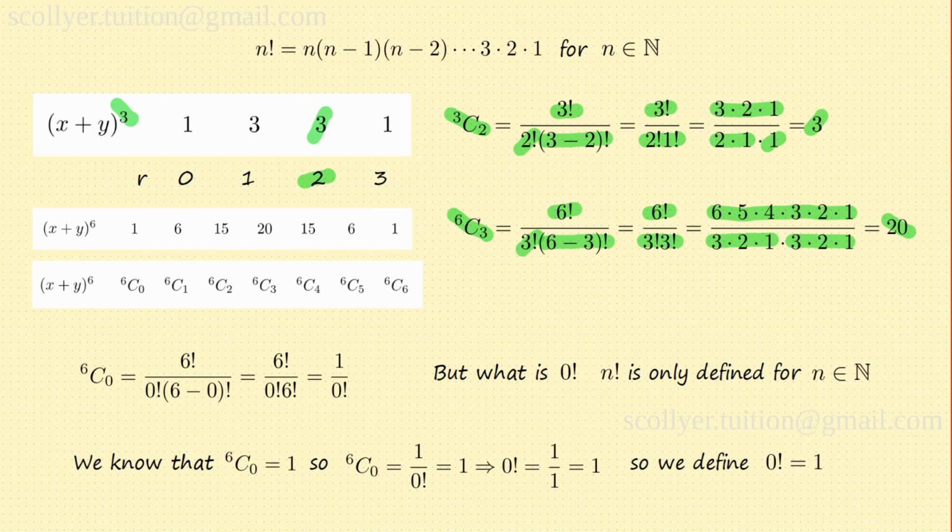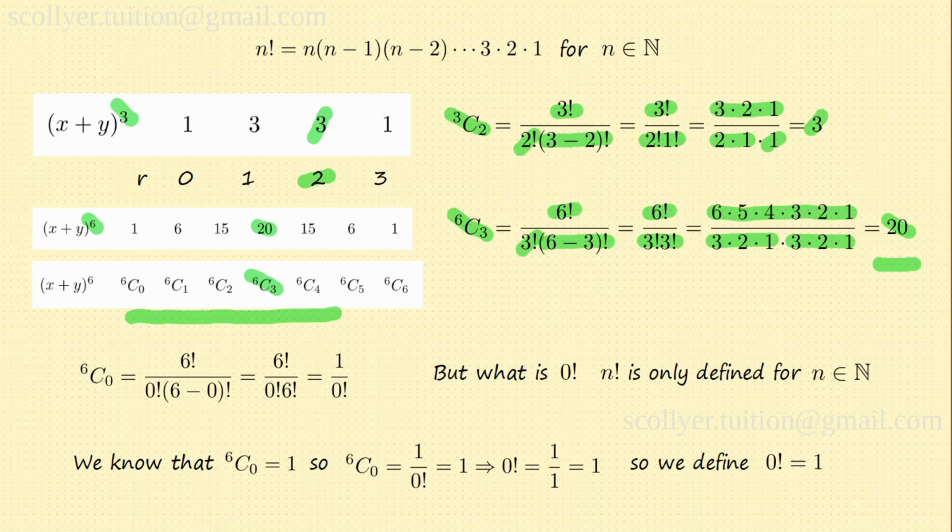And 6C3 occurs in the expansion of x plus y to the 6, and I've given both the numeric and the named values on the left hand side here, and we can see that 6C3 is this entry. Numerically it's 20, as we have shown from the definition.